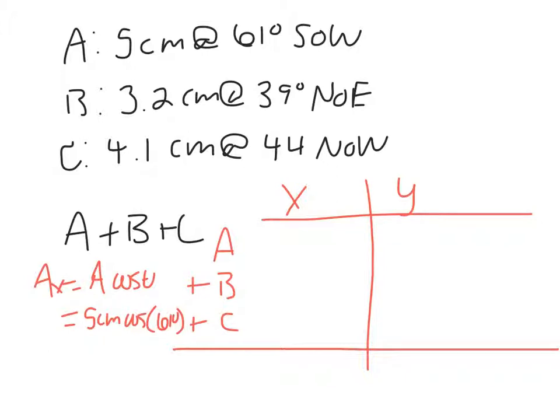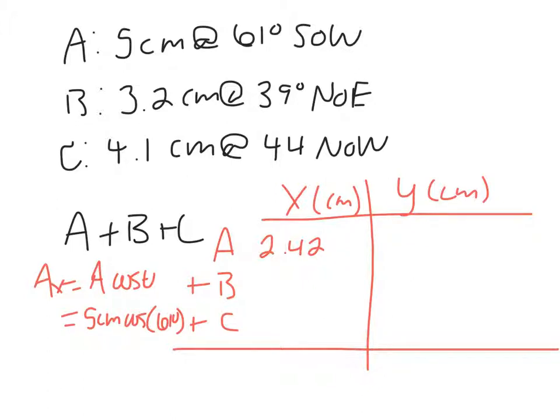And this should be 2.42408, keeps on going. Because this is going to be too many numbers to ever store, let's just round to 2 decimals. So the x component for A would be 2.42. And if I put the units up here, I don't have to worry about putting them everywhere else. These are all in centimeters.